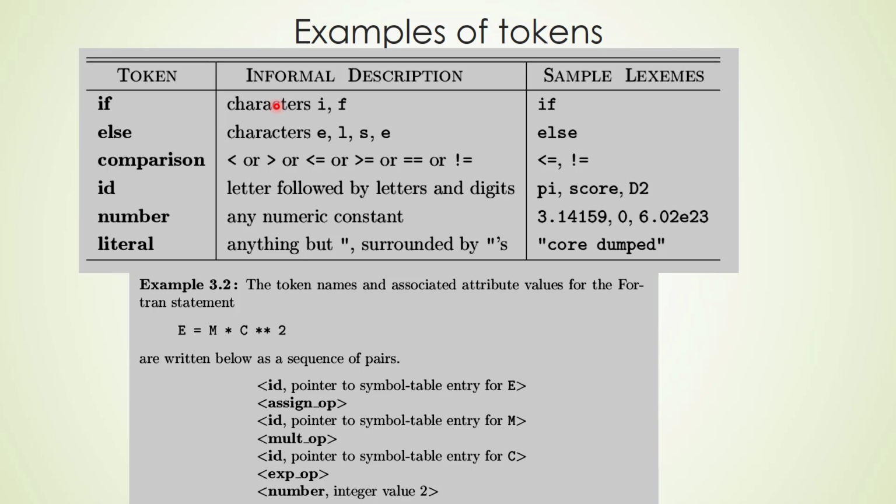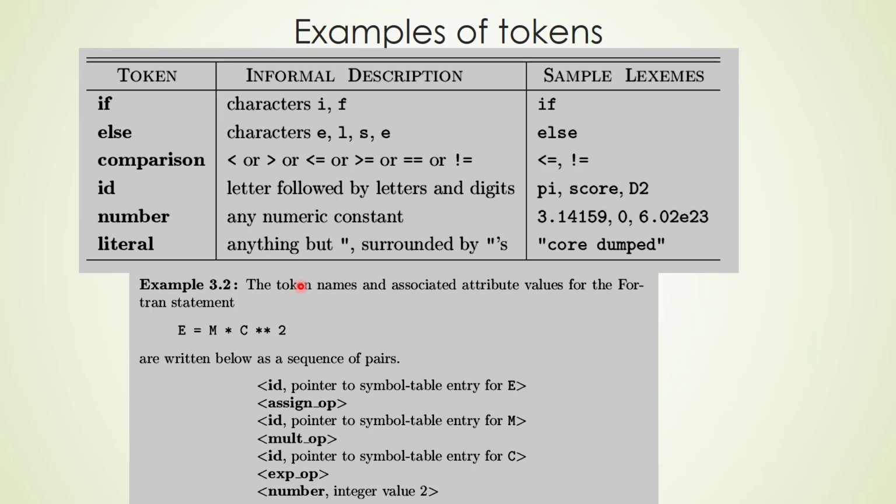Comparison operator: less than, greater than, less than or equal to, greater than or equal to, or not equal to. So for comparison operator, it has to satisfy any one of these strings. That is a rule. ID: letter followed by letters and digits. We already discussed that rule. Number: any character constant. It is also a rule. Literal: anything surrounded by double quotes.